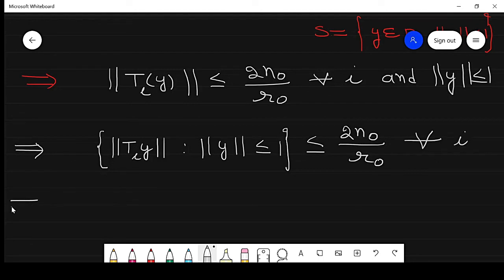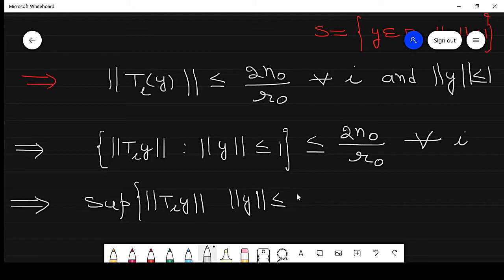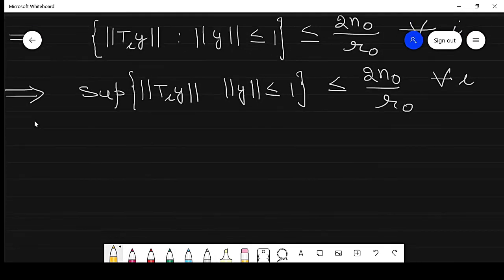So it implies this can be written as the supremum of norm of Ti y such that norm of y is less than or equal to 1, less than or equal to 2N0 by r0 for every i. If we use the definition of norm of Ti, so it implies, what is that? It is the norm of Ti.